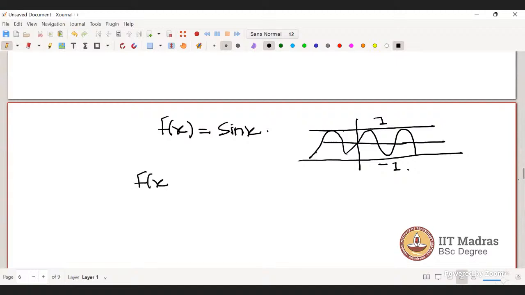So f of x is always less than 1 and greater than minus 1. My lower bound is minus 1 and my upper bound is 1. That's why I can say that my function is bounded.